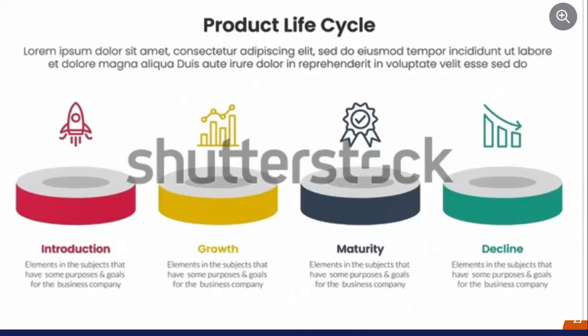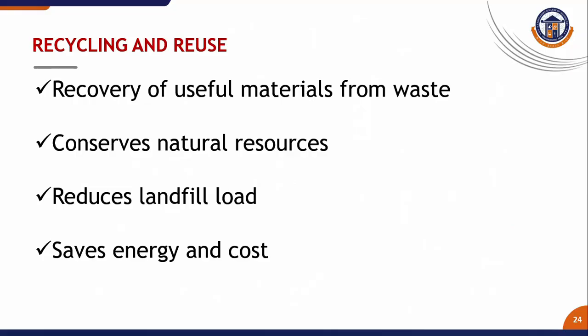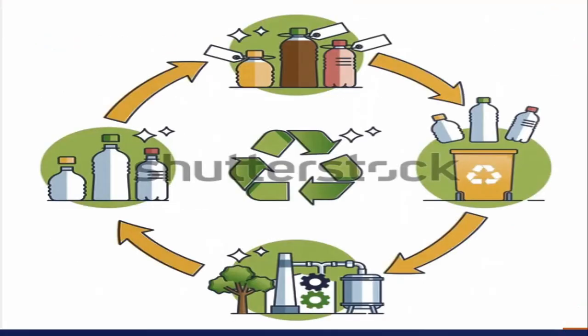This is important to keep in mind for the product cycle. Recycling and reuse: recovery of useful material from waste, conserves natural resources, reduces landfill load, saves energy and cost. There is also a diagram showing how to manage the waste.